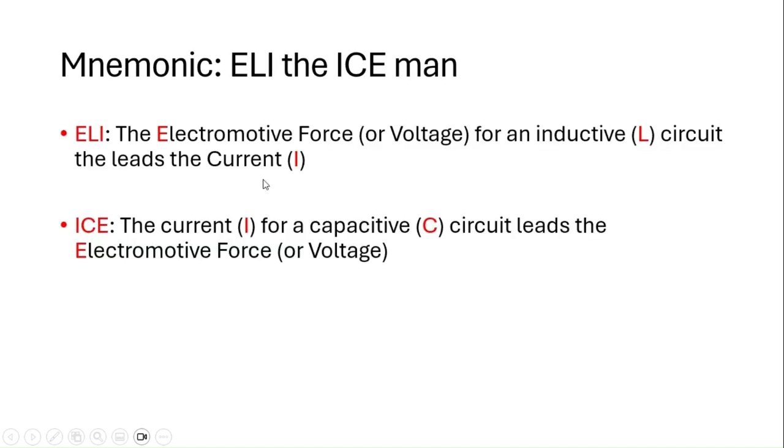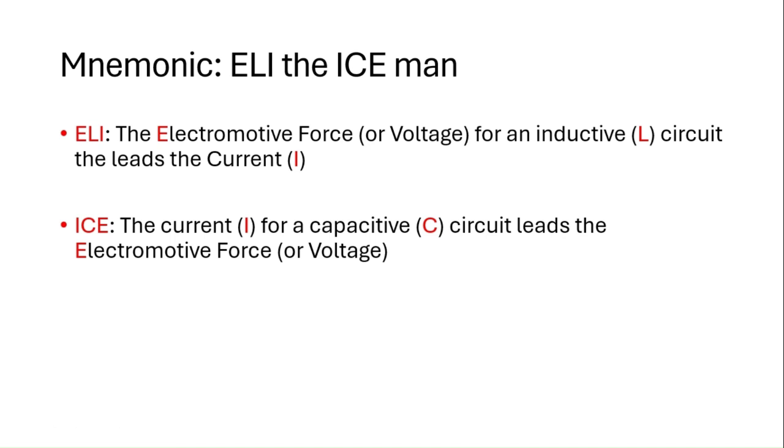Okay, and so for a capacitive circuit, or mostly capacitive circuit, the current leads the electromotive force, again, which is a voltage. And so to help students remember this, we use ELI the ICE man, in order to help them at least remember which one leads and which one lags when it comes to the voltages and currents.